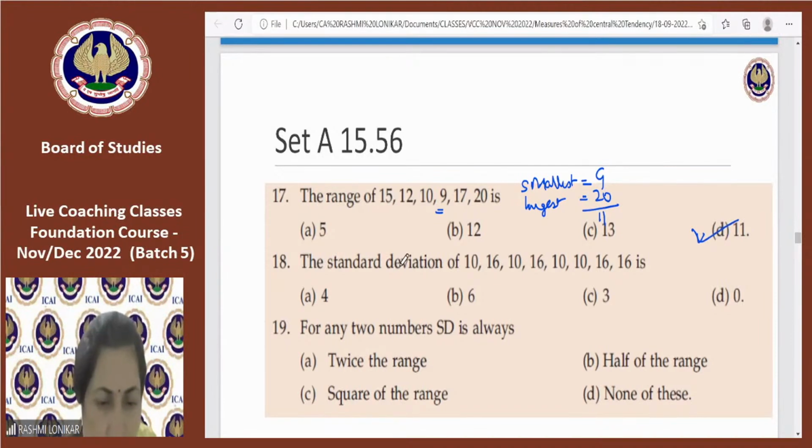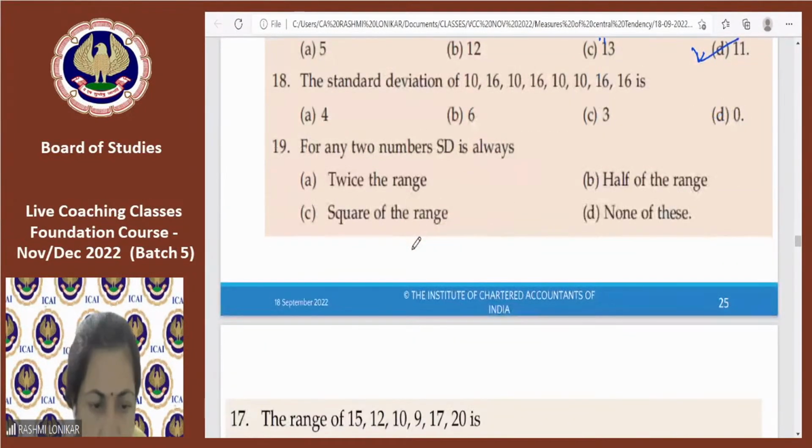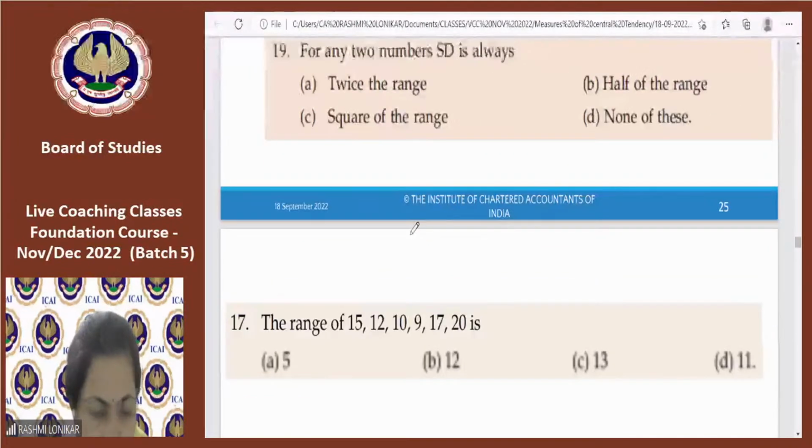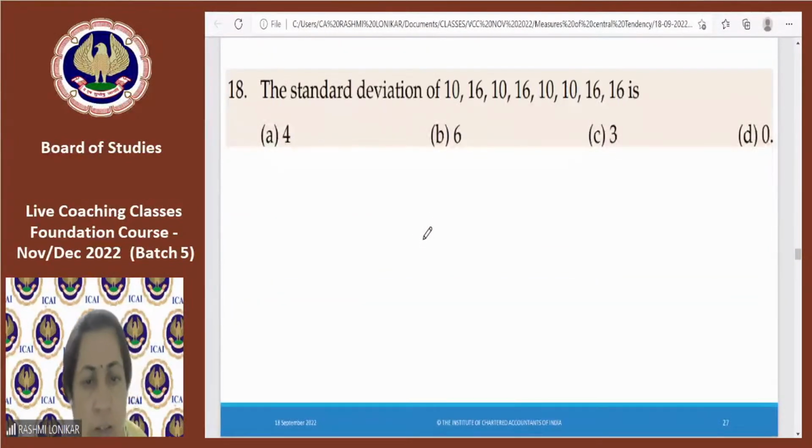Now we want to find out the standard deviation of 10, 16, 10, 16, 10, 16, 10, 16. How many tens are there? 1, 2, 3, 4. 4 tens are there, 4 16s are there. So what will be the mean?